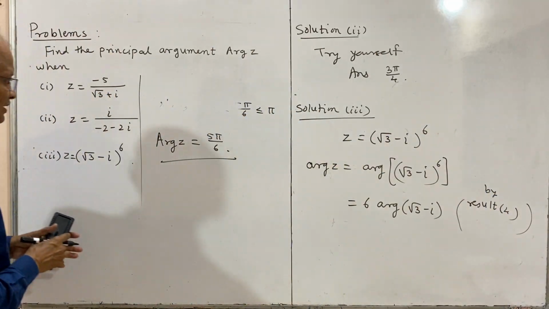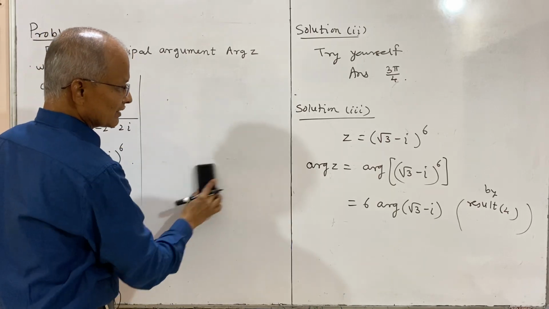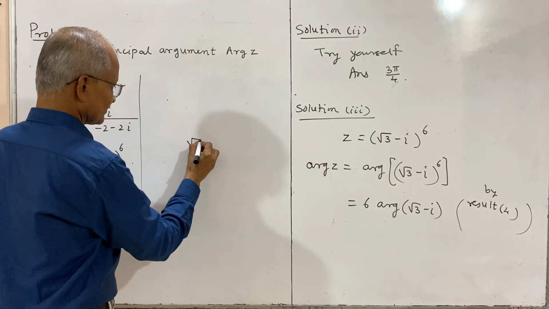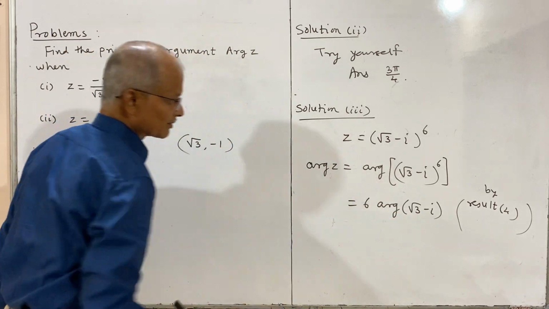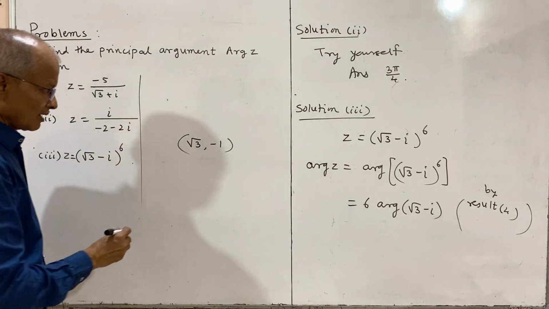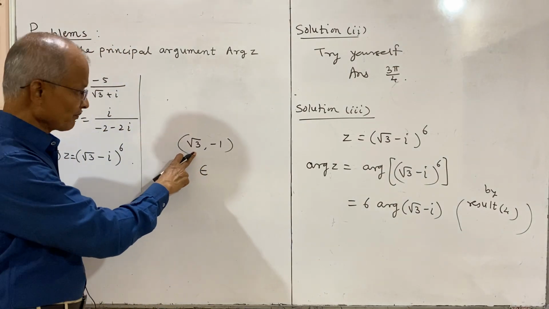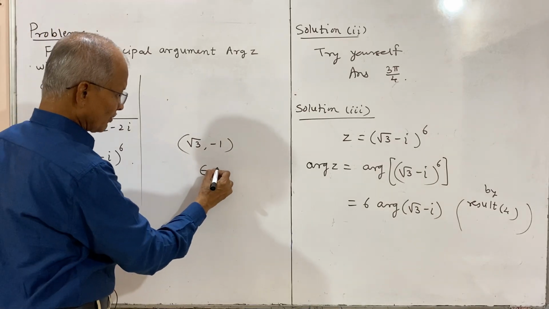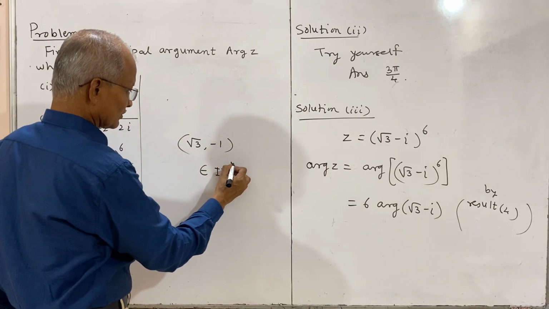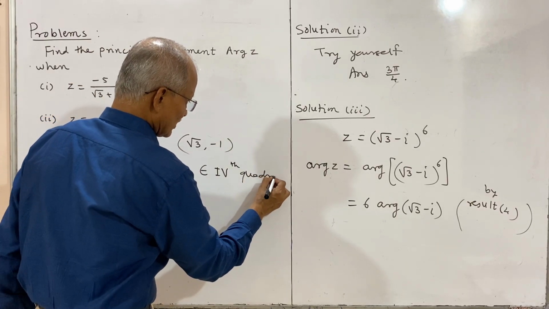And what is now the argument of root 3 minus i? The ordered pair for this complex number x comma y is root 3 and negative 1. Which quadrant does this belong to? Root 3 is positive and this is negative, so it belongs to the fourth quadrant.